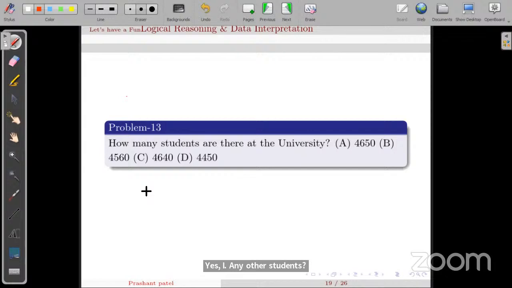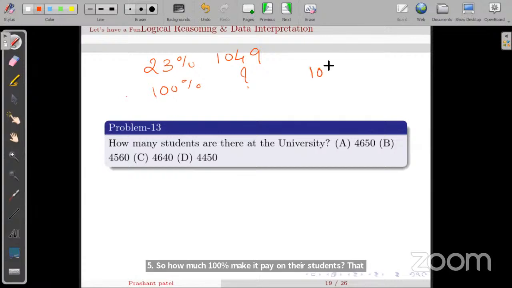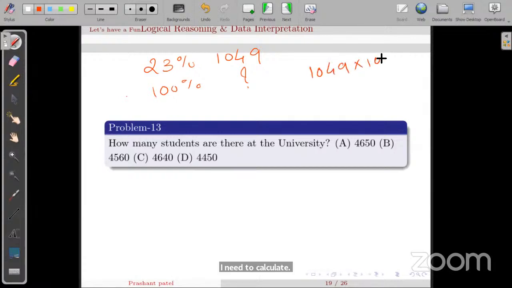So मेरे पास what is they have given, 23% जो साइंस के हैं उसके कितने है, 1049 में से 23 है, तो अभी मुझे क्या करना है, टोटल नंबर फाइंड करना है. तो हाउ मच 100% में कितने होंगे स्टूडेंट्स, दैट आई नीड टू कैलकुलेट. So it is 1049 multiplied by 100 upon 23.